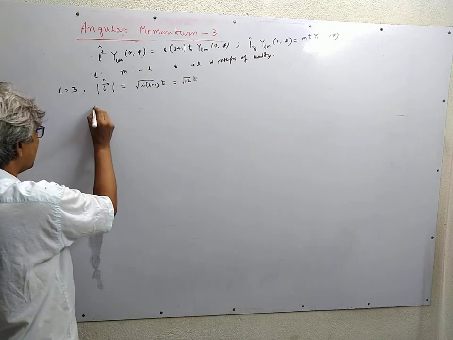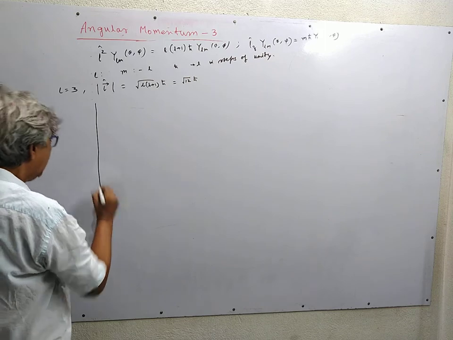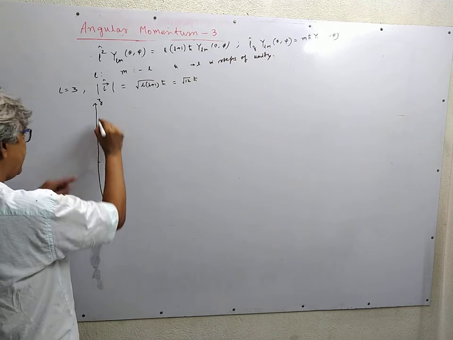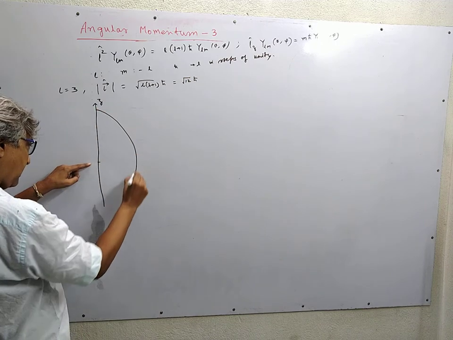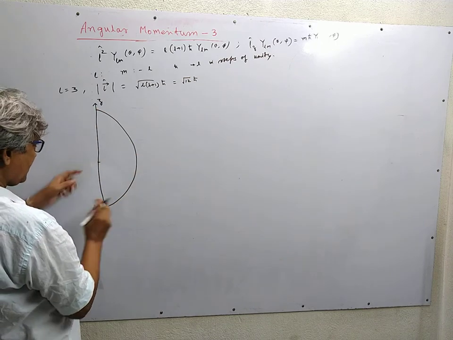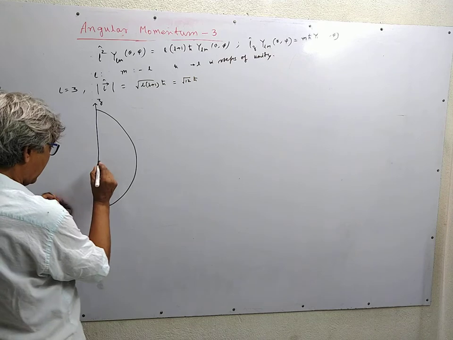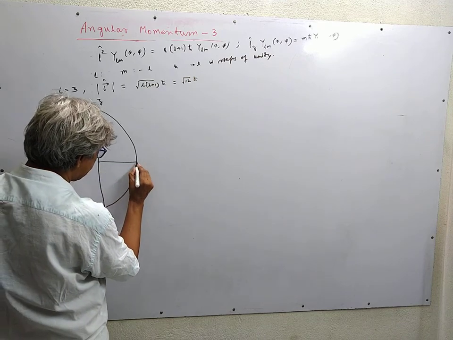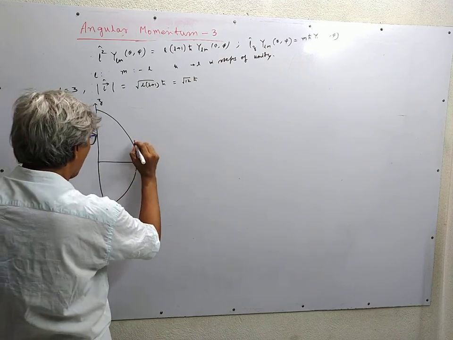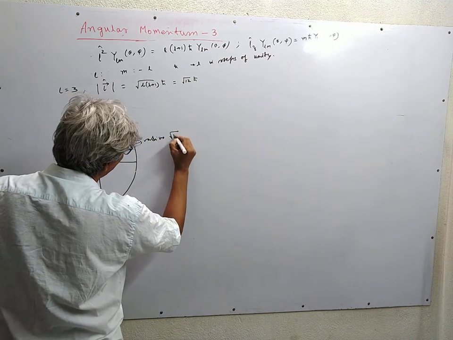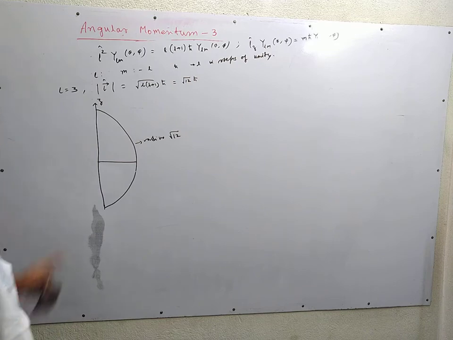As per this theory, if we consider this is the z axis, then we draw a semicircle of radius root 12 units. I have omitted the h cross part.